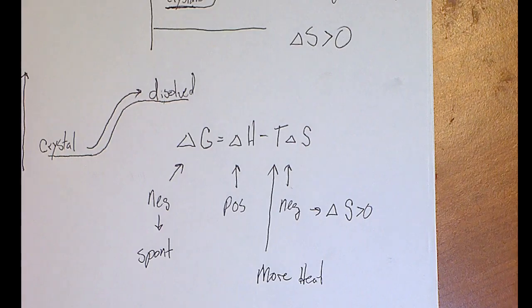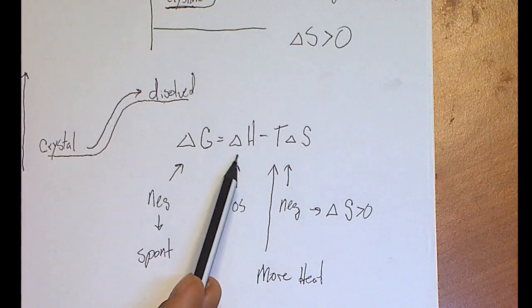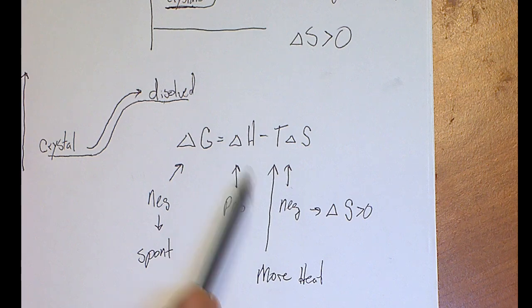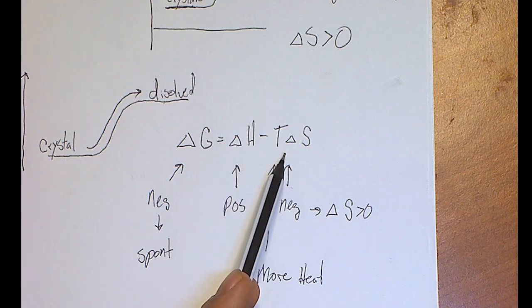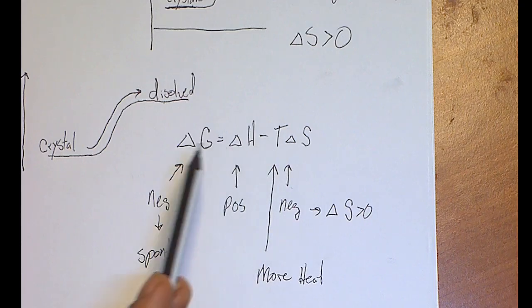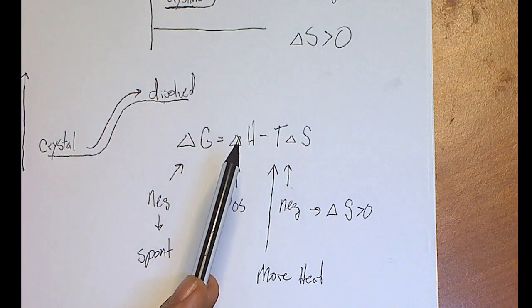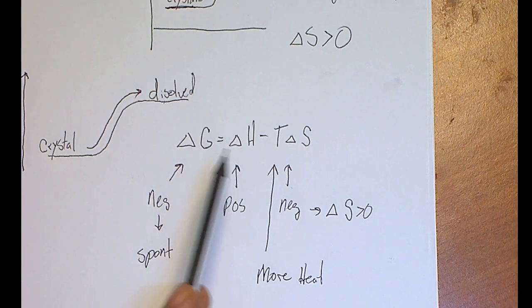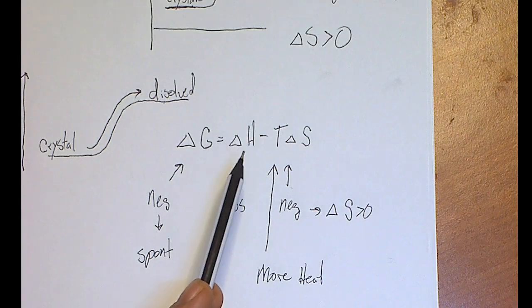And that's really why we call it Gibbs free energy. We know if it's exothermic, it tends to be spontaneous. But if it's endothermic and this term dominates with a large delta S and a high enough temperature, then it can be spontaneous even when it's endothermic. So it's not just the energy of the reaction.